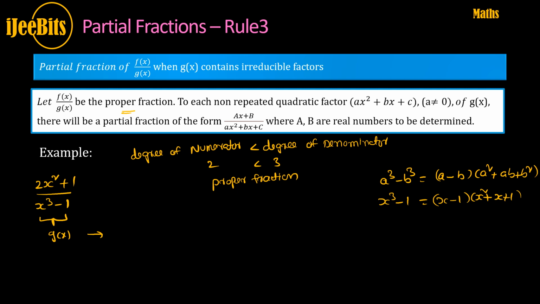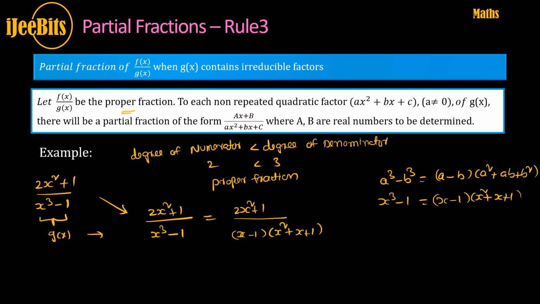That's good. So this overall equation, 2x square plus 1 divided by x cube minus 1, can be written as 2x square plus 1 divided by x minus 1 multiplied by x square plus x plus 1.